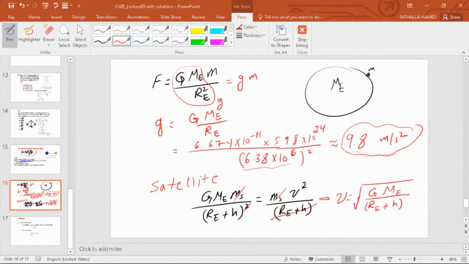But if you go higher and higher from the surface of the Earth, then your r, which will be R_E plus h, will change your force. So it's not going to be a constant force.